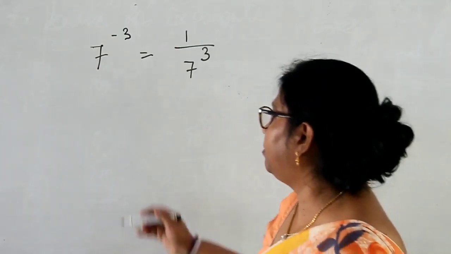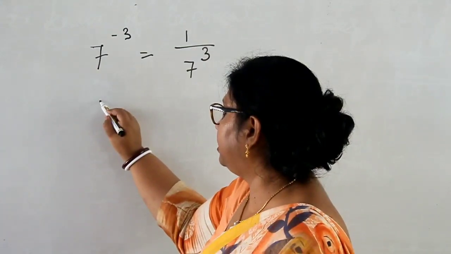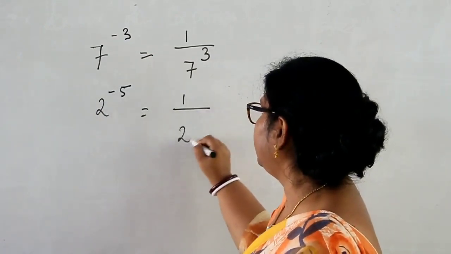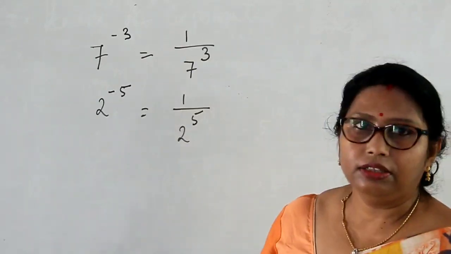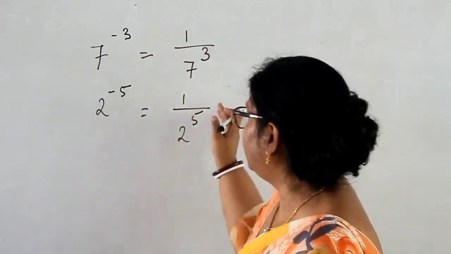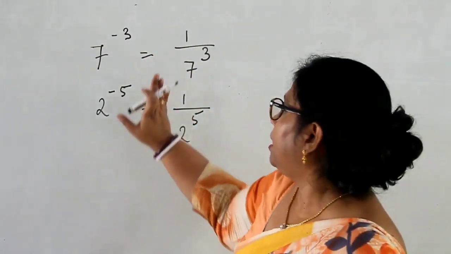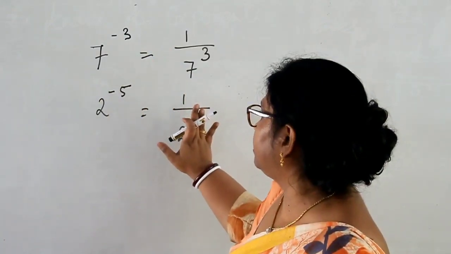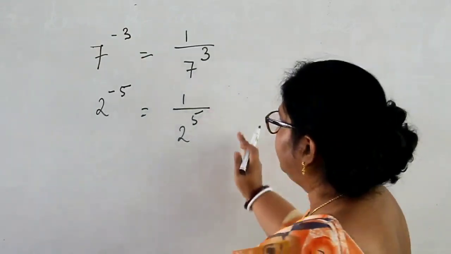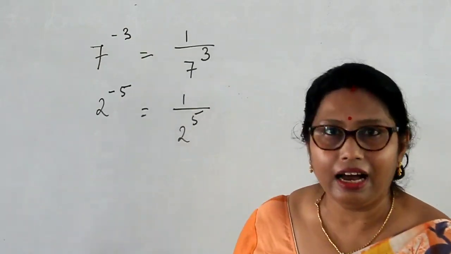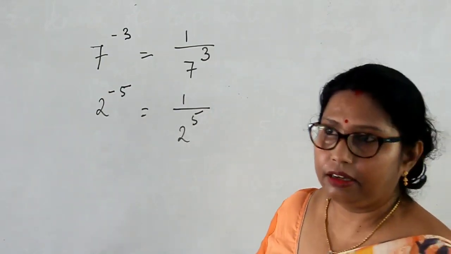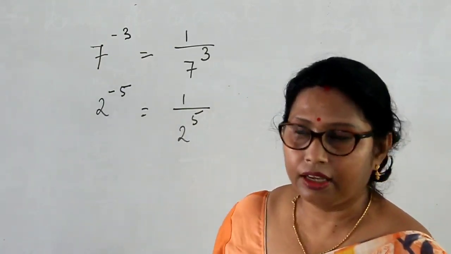We can take several other examples, like 2 to the power minus 5 is equal to 1 by 2 to the power 5. So this way we can express those negative integers in power, when it is asked to be expressed in positive integer exponential way.